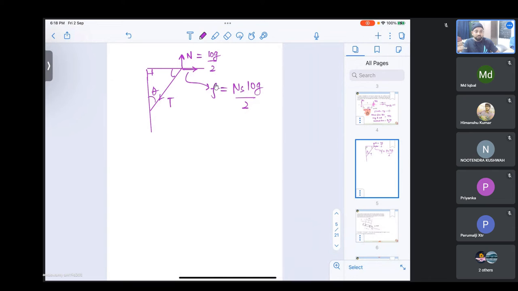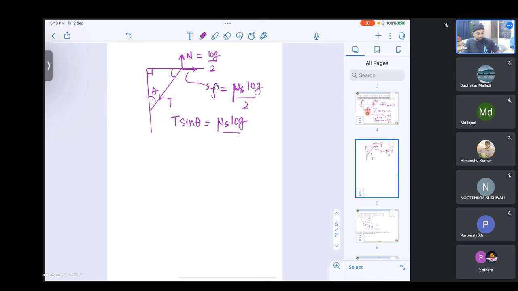Sorry, I didn't write mu properly. I hope that is clear. So T sine theta is to be balanced by mu s into 10g by 2.